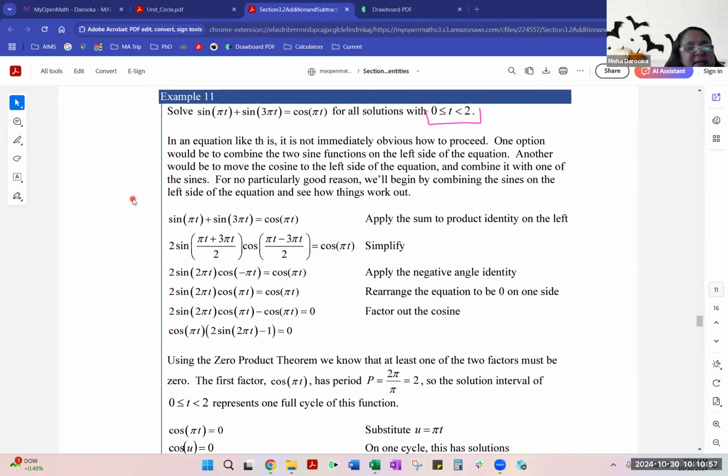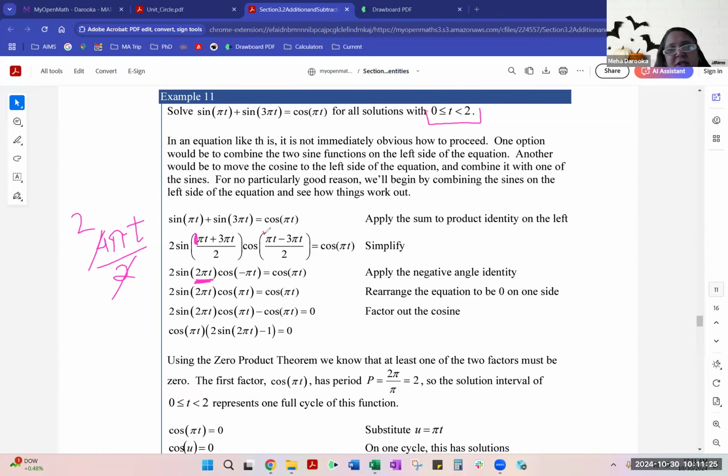So as you can see, we start out with taking 2 times sine of pi t plus 3 pi t. So of course, you can think of there being a coefficient 1 in front of the pi. So 1 plus 3 will give us 4. So that ends up becoming 4 pi t divided by 2. So of course that reduces down and becomes 2 pi t. So that's where this is coming from.